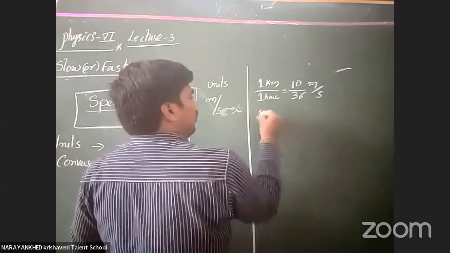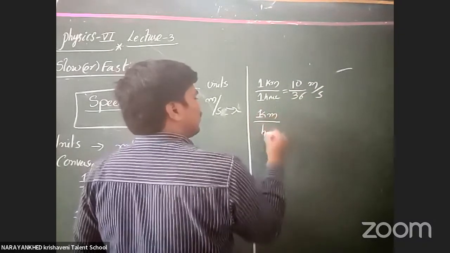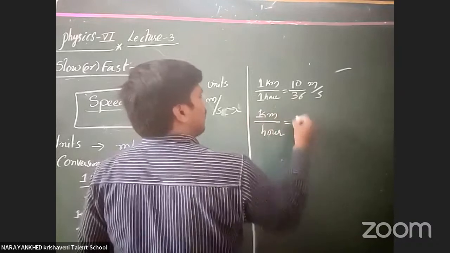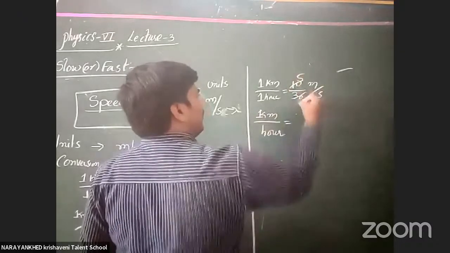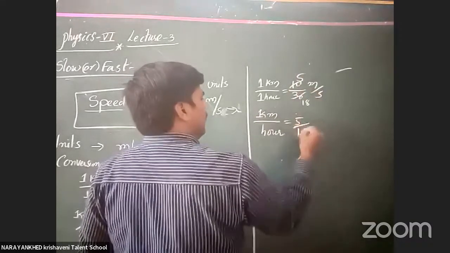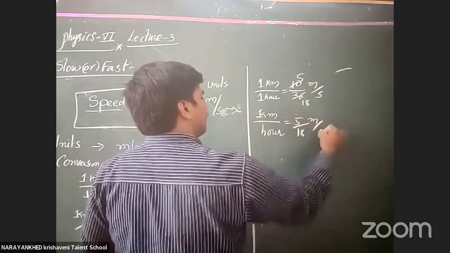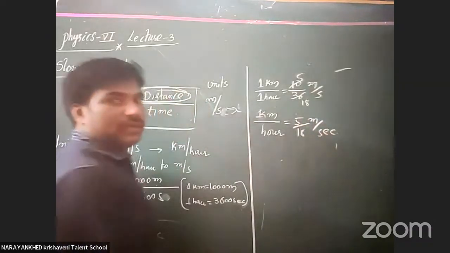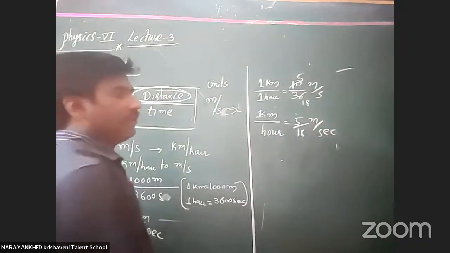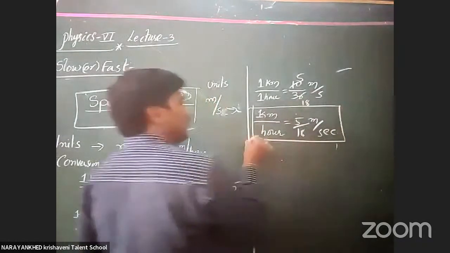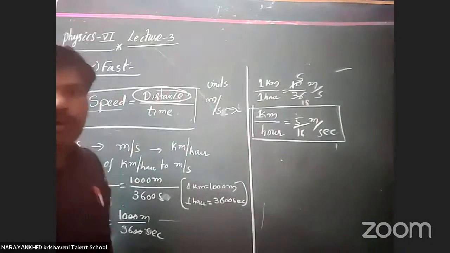And now kilometer by hour is equal to, these are 5, it is 18, 5 by 18 meters per second. Got it? 5 by 18 meters per second. This is only called 1 kilometer by 1 hour.